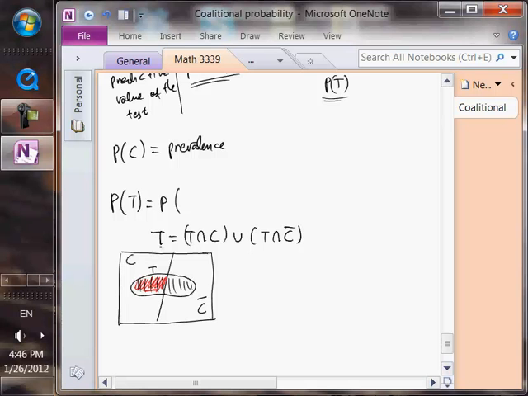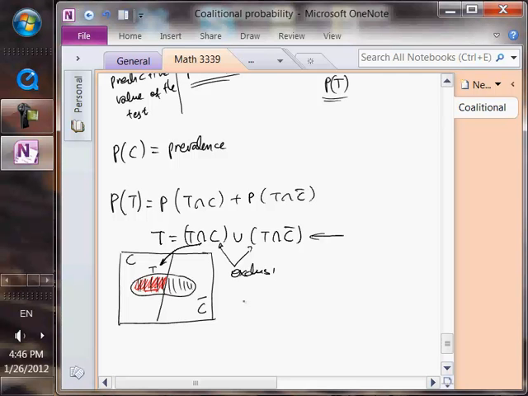So that thing with words says that if you test positive, two things happen. Either you test positive and you have the condition, or you test positive and you don't have the condition. These are the only two situations that can occur. And these two are exclusive events. This one is the red here. And therefore I can add their probabilities. So the probability of T is the sum of these two probabilities.